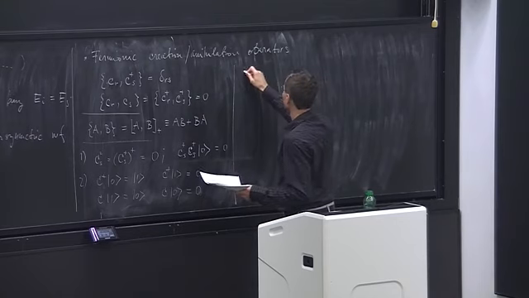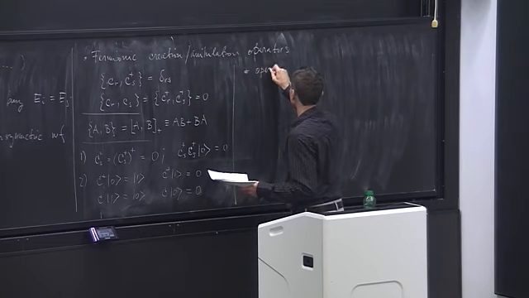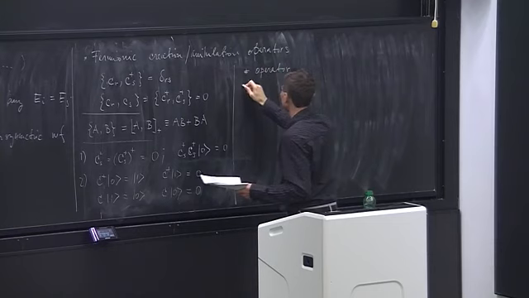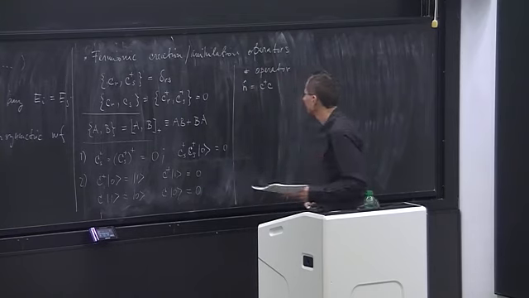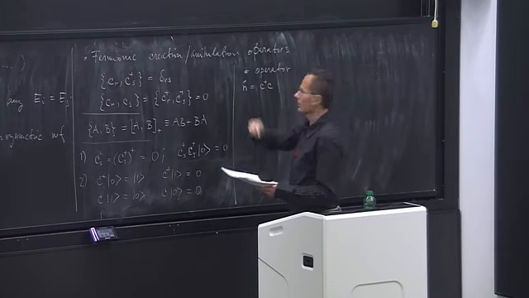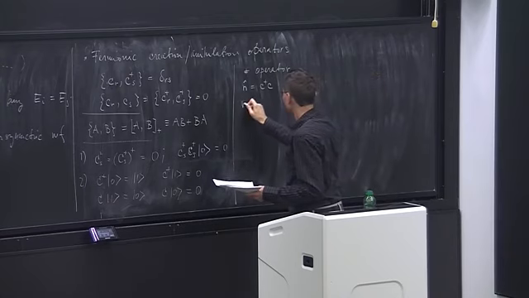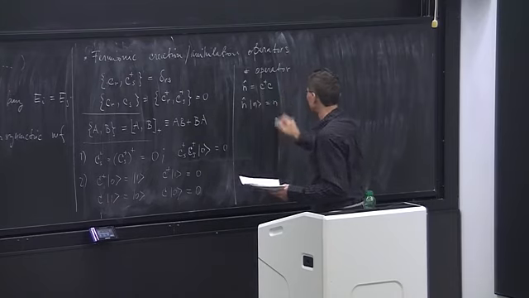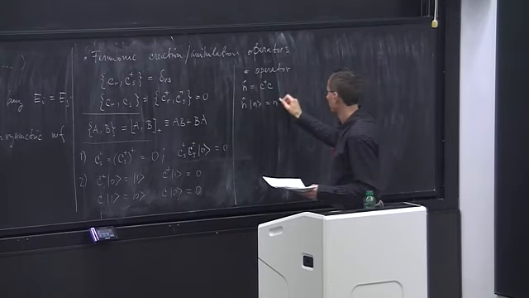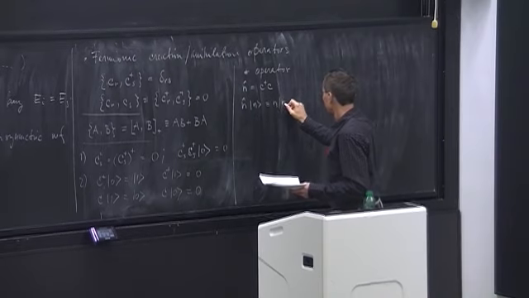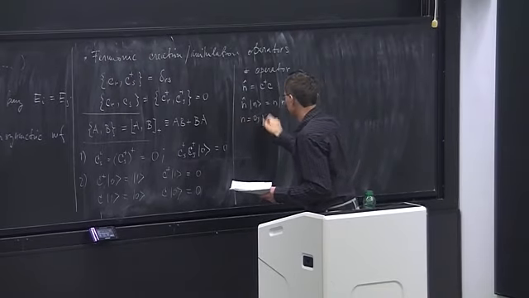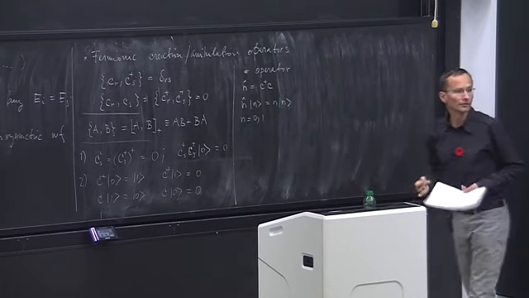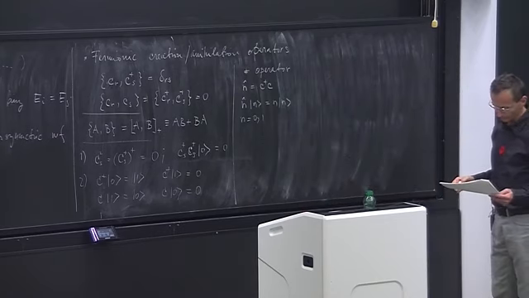I also can define a number operator here, n, which is c dagger c, and it has the same property as for bosons, namely n acting on the state with n fermions just returns the number of fermions and doesn't change the state, but n can only be 0 or 1 in accordance with the Pauli exclusion principle.